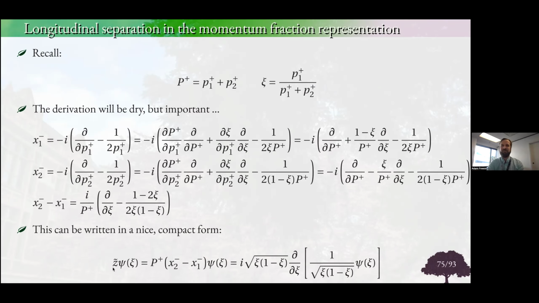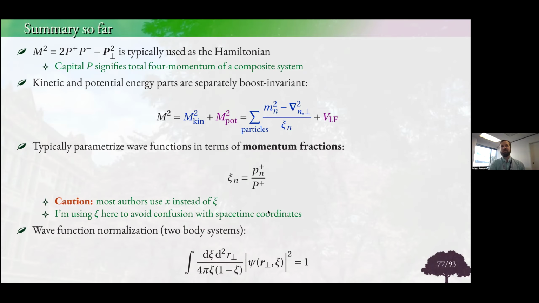It's often called the Miller-Brodsky variable. In terms of a momentum fraction xi, it can be written in this fairly complicated looking form. Typically we parameterize two-body wave functions either in terms of a transverse coordinate separation and a light front momentum fraction, the momentum fraction being the portion of the plus momentum carried by a particular constituent, or we just use all momentum variables.